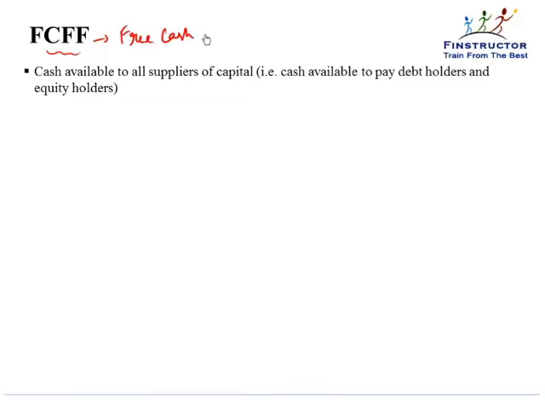free cash flow to firm, or FCFF. So FCFF is the cash available to all suppliers of capital. That is the cash generated by the firm before any debt holders or any equity has been paid any money.